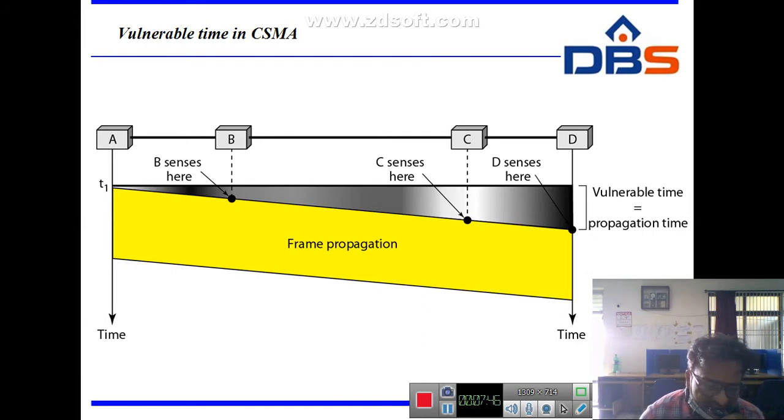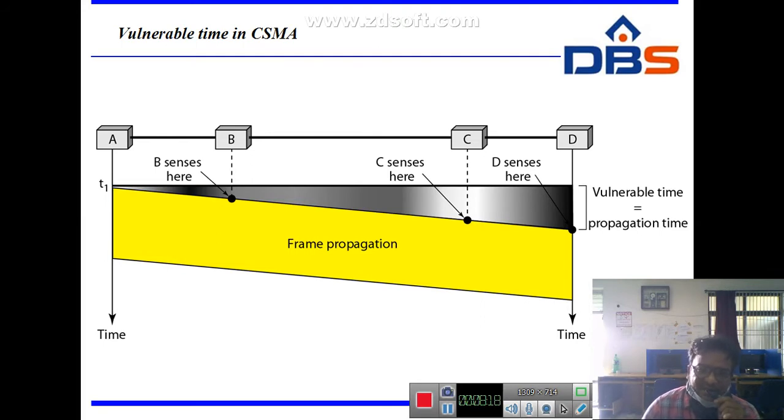medium. So when a station sends a frame and any other station tries to send a frame during this time, a collision will result. Even if station B has already occupied the medium, station C may also deliver data during that time, so definitely a collision will occur within that medium.